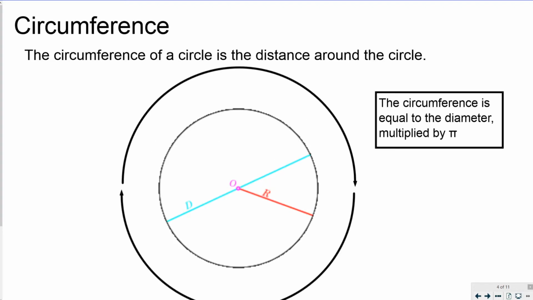The circumference of the circle is the distance around the circle and is equal to the diameter multiplied by pi. So the equation that you need to write down is circumference is equal to the diameter times pi.